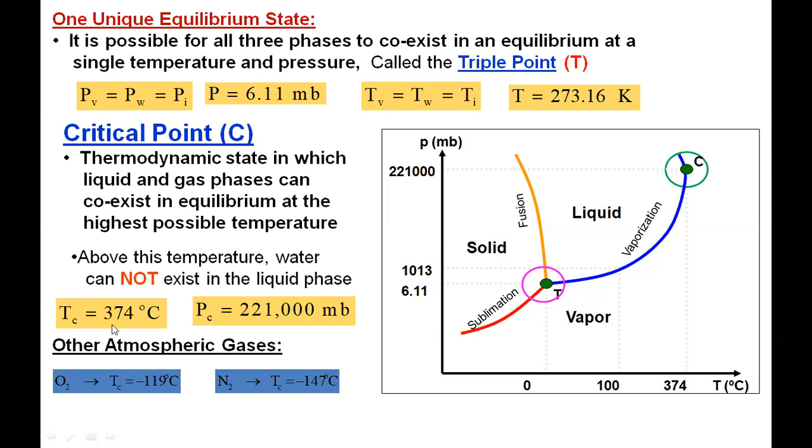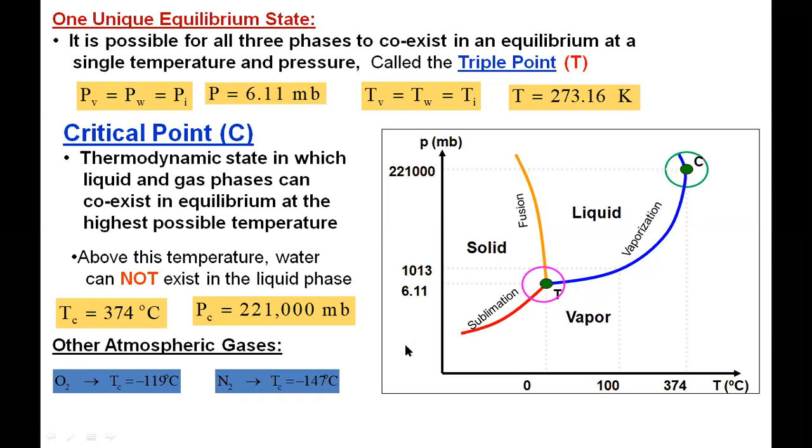So TC تساوي 374 سلسيوس and PC تساوي 221 ملي بار. إذا this is C, the critical point C at 221 ألف millibar, and Tc here is the temperature which equals تقريبا 374 Celsius.